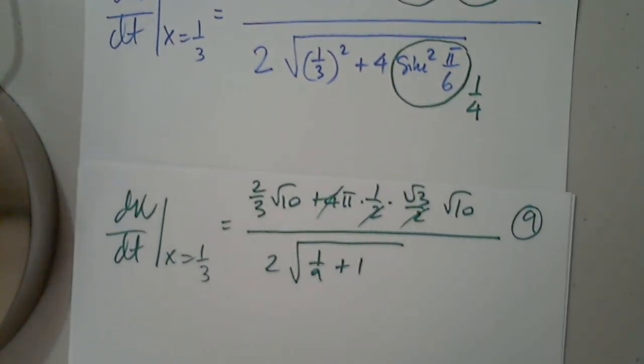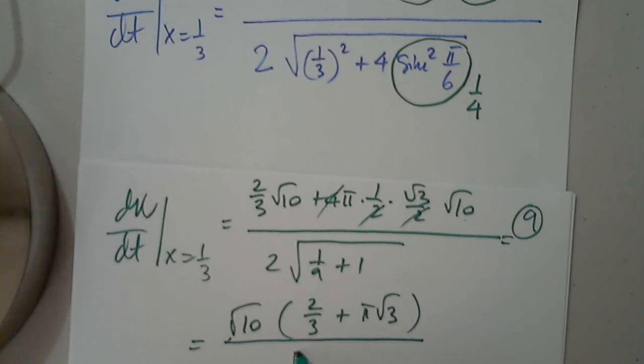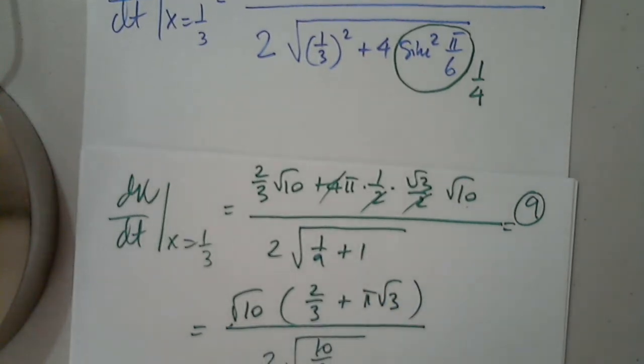Okay, so this is much better. I can take the square root of 10 outside. So I have 2/3 plus pi times the square root of 3 over 2, all times the square root of 10, over the square root of 1/9. Okay, this is much better than the mess I had initially.